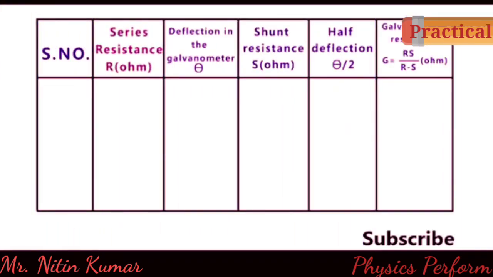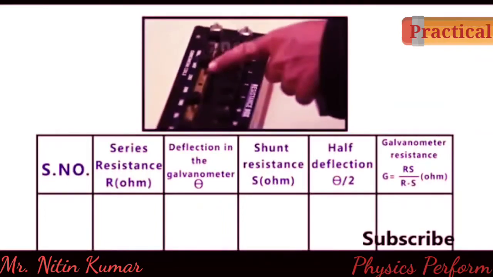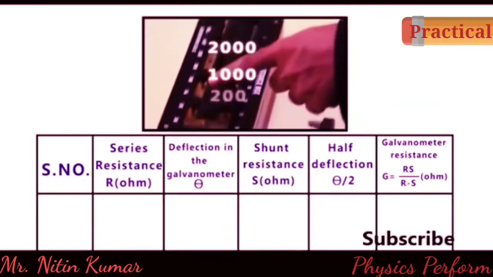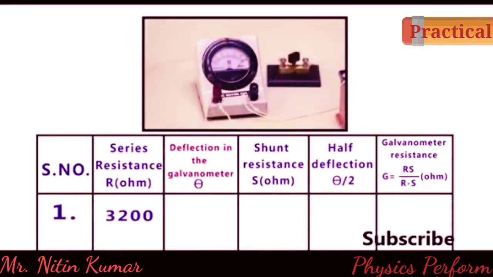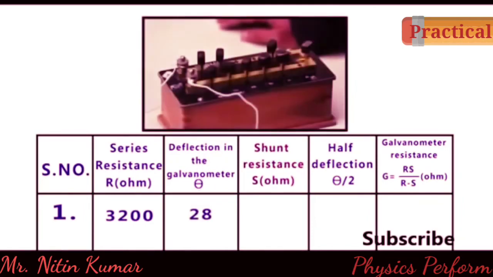For a series resistance of 3200 ohms, the deflection of the galvanometer is 28 and the corresponding shunt resistance in the half deflection is 47 ohms.